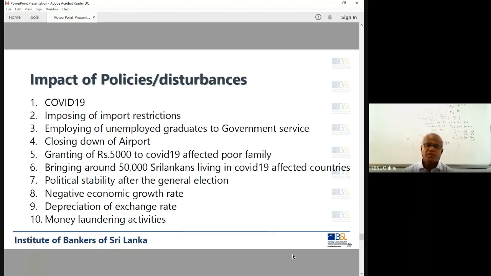Right? Political stability after the general election, that is also another important thing. Now political stability is a very important factor to achieve economic stability in the economy, a stable economy. A stable economy is a very important factor to build investor confidence, right?